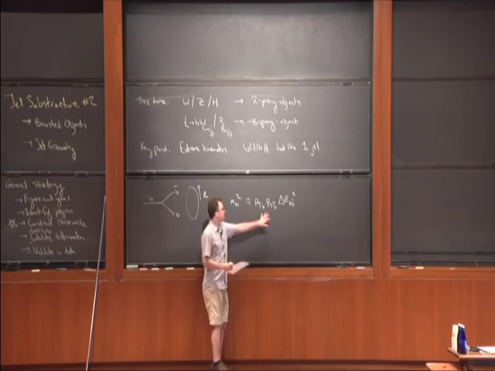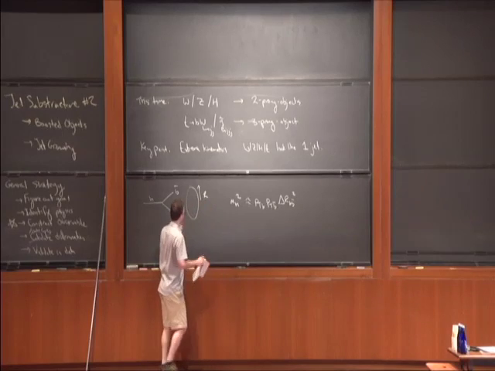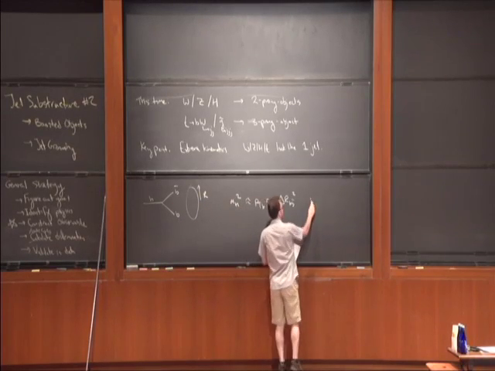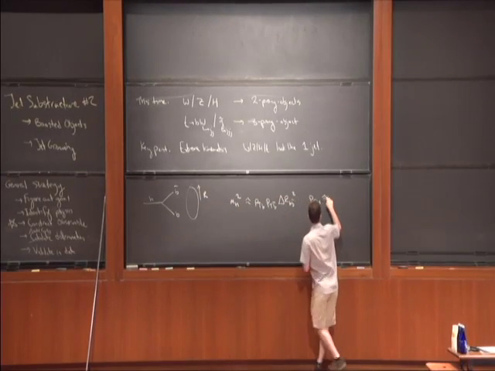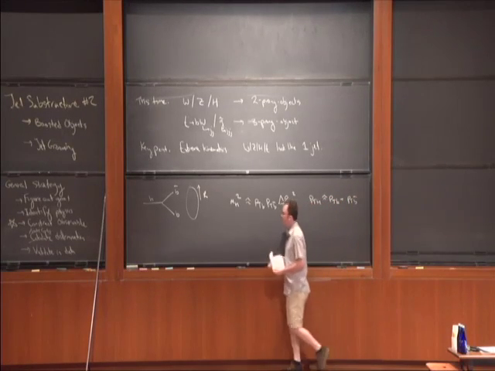And roughly speaking, if I'm in a regime where these pTs are large, then the pT of the whole Higgs system is just the sum of the pTs of the b and the b bar.